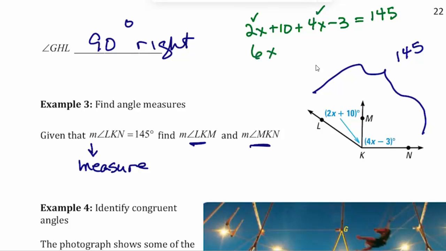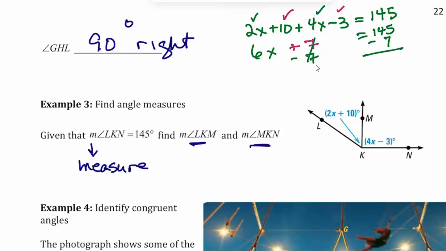That becomes 6x. Now add your numbers, 10 and a negative 3. That becomes a positive 7. And this has to equal 145. You have a two-step problem. Subtract the 7 from both sides, and let me just erase this to get it out of the way for right now.